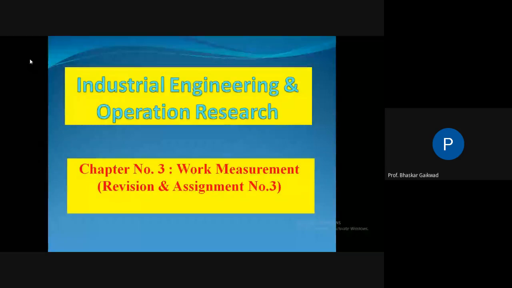Then estimate and examine the times required for a job depending upon the work, maybe batch production or process, and after that you can use the standard formula. This is a very simple procedure. First select the job, then record it, break it down into elements, and go for examination and observing times. Once this data is collected, then you have to calculate the standard time.